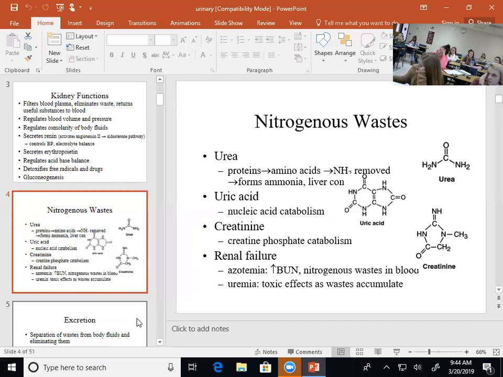Now, wait a minute. Everybody's worked with ammonia, would you want that building up in your system? No. So what you have is a functioning liver, or you better, because can you live without a liver? No. You can't live without kidneys, and you cannot live without your liver. So you want a functioning liver, and here's another reason why: the liver is going to end up converting this to a product that we call urea.